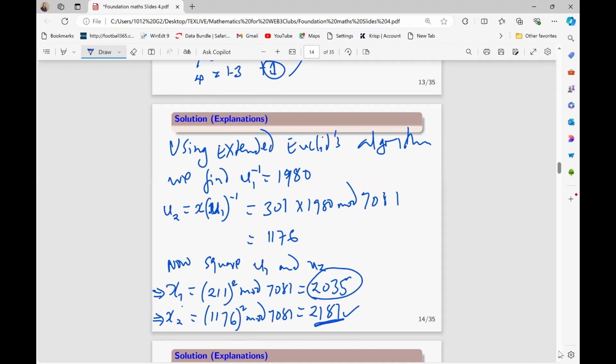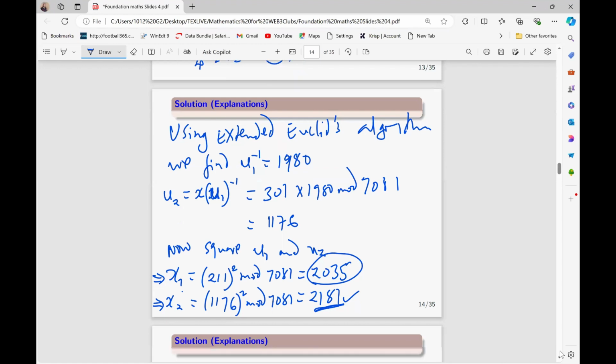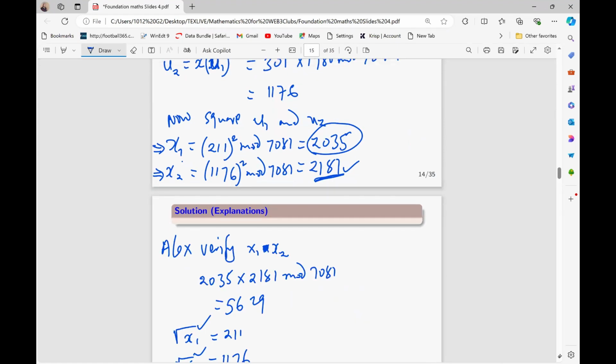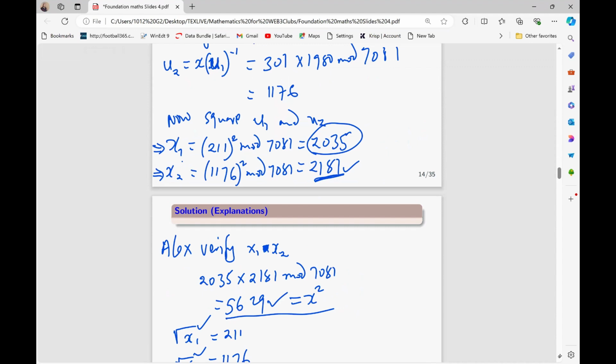And when Alex got their product, he found it was giving him X squared. So that is the first thing Cyprian did.